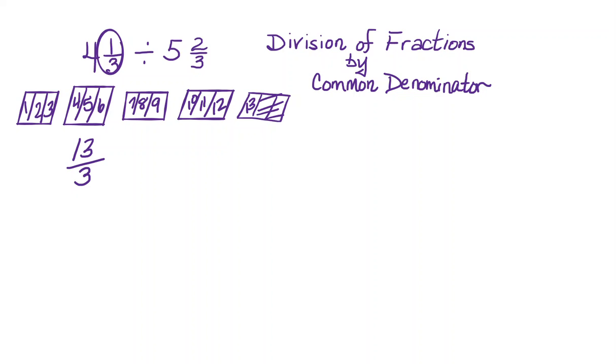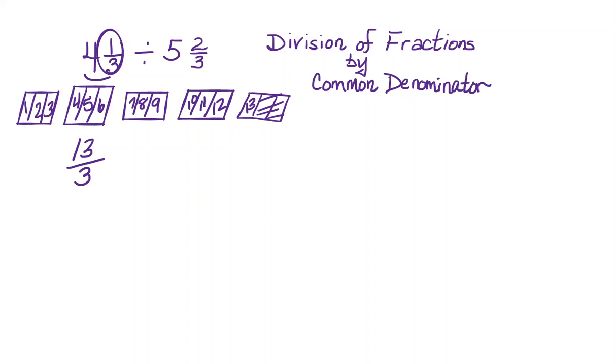Turns out I can find that also by multiplying. You'll notice that there are 3 thirds in each whole one. So it looks kind of like a clock to me, but that's just how my brain works.